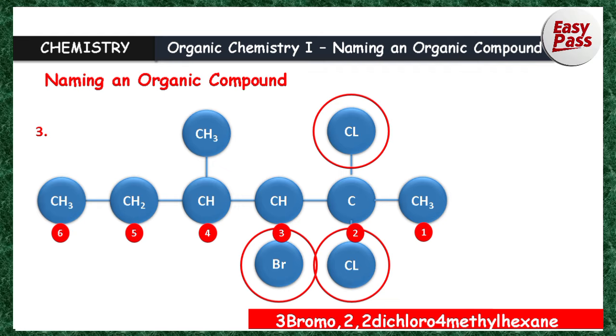We have carbon 2 that carries the upper chlorine atom, and carbon 2 that carries the downward chlorine atom. 2,2-dichloro. At carbon 4 we have what? Methyl, 4-methyl. So 3-bromo-2,2-dichloro-4-methylhexane, because it belongs to alkane family.